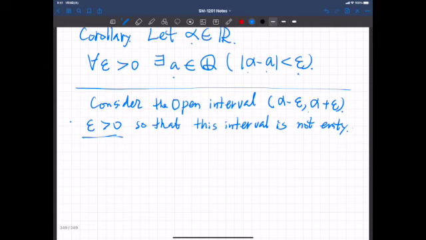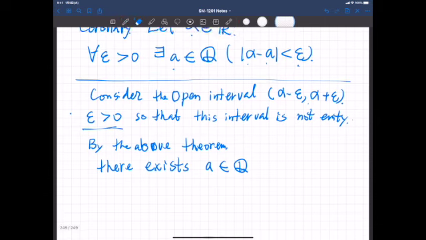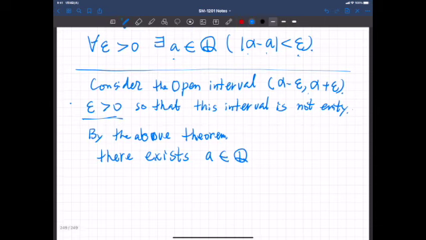And so according to the previous theorem, by the above theorem, there exists a rational number a such that a is in this interval, alpha minus epsilon and alpha plus epsilon.